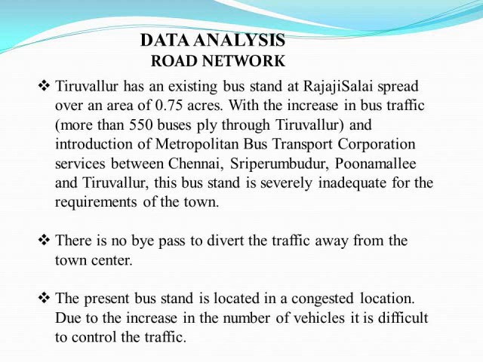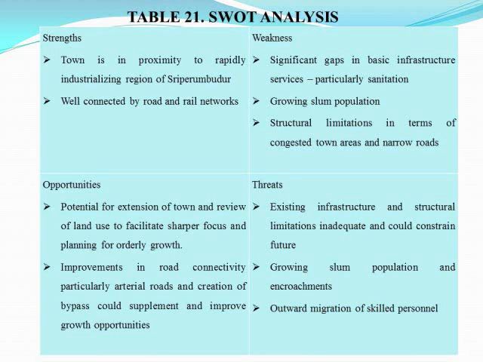These are the data analyzed from the data collected regarding the net transportation, and a SWOT analysis was done, in which the strength of the town is that it is in proximity to the rapidly industrializing region of Sriperumbudur. It is well connected by road and rail networks.